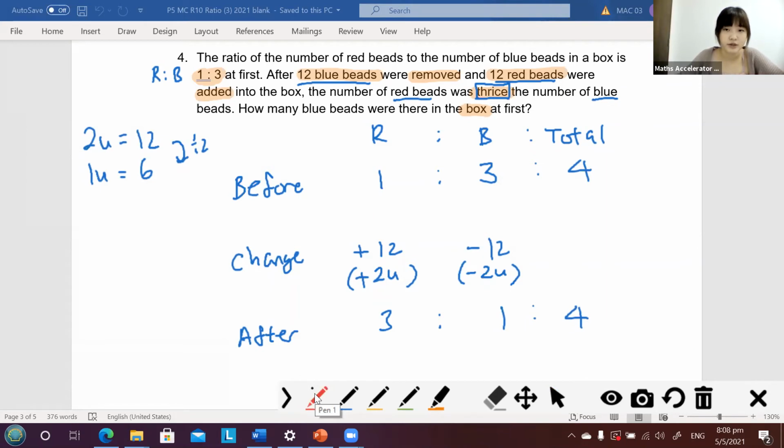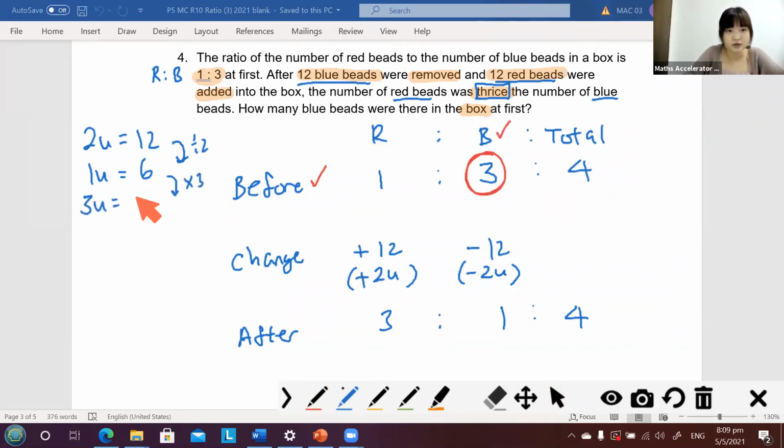Okay, so can you calculate the final answer? Okay, good. See a lot of you putting the answer already in the chat. They want blue at first, so blue at first, 3 units.